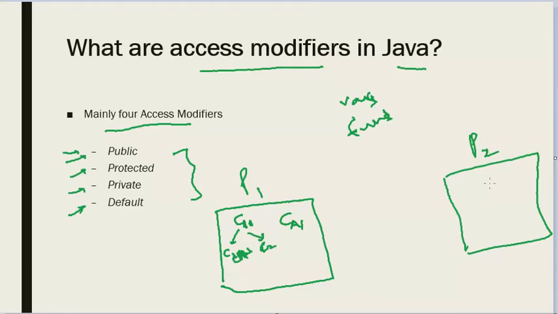Then in package 2, let's say we have a class C12, where 2 corresponds to this package, and then we have C1 and C2 children here. And then we have a CA2 class here.